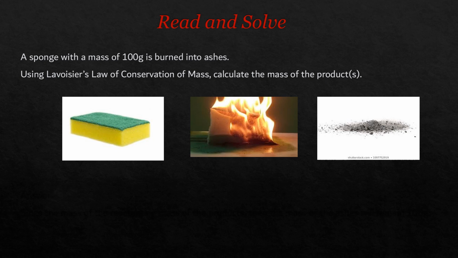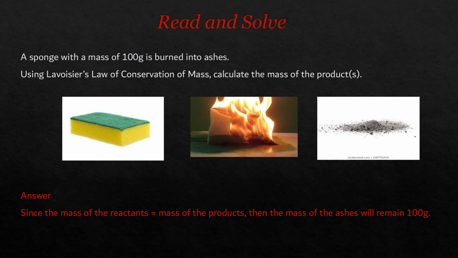The reactant is the sponge and the ashes are the products. So the answer would be: since the mass of the reactants equals the mass of the products, then the mass of the ashes will remain 100 grams.